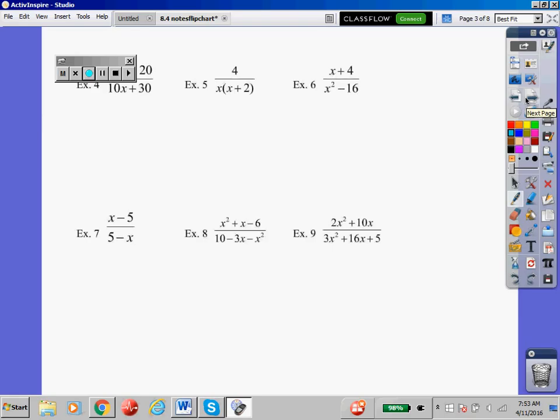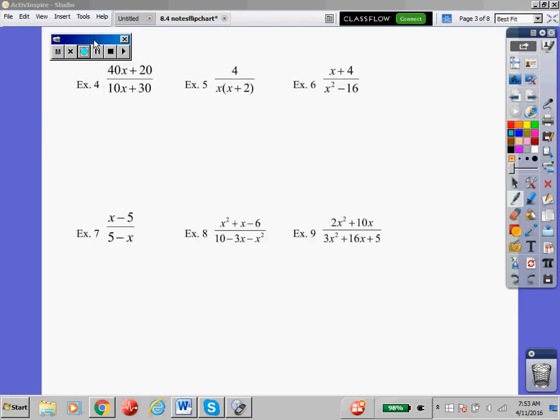Okay, in example 4, when you go to factor, for whatever reason, we can say what step 1 is, but we forget step 1 at the same time. So step 1 is look for the GCF. In the numerator, what's the GCF? 20. So you pull out a 20 and you get 2x plus 1.